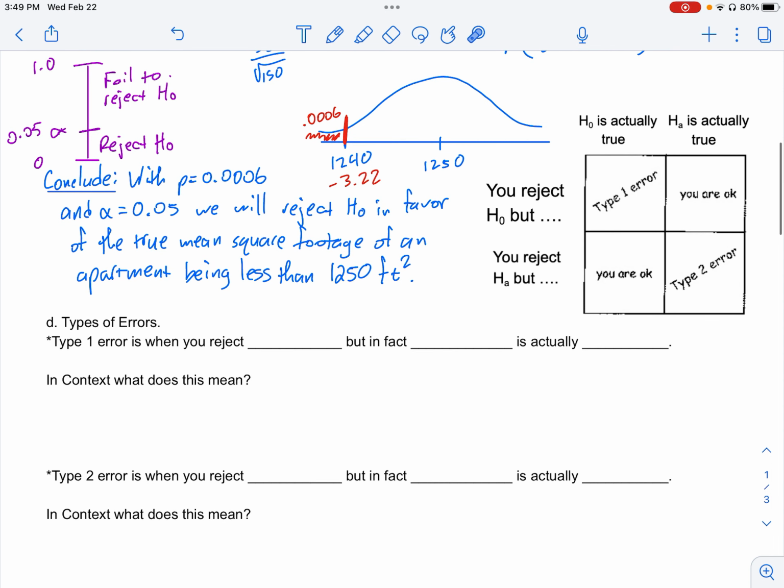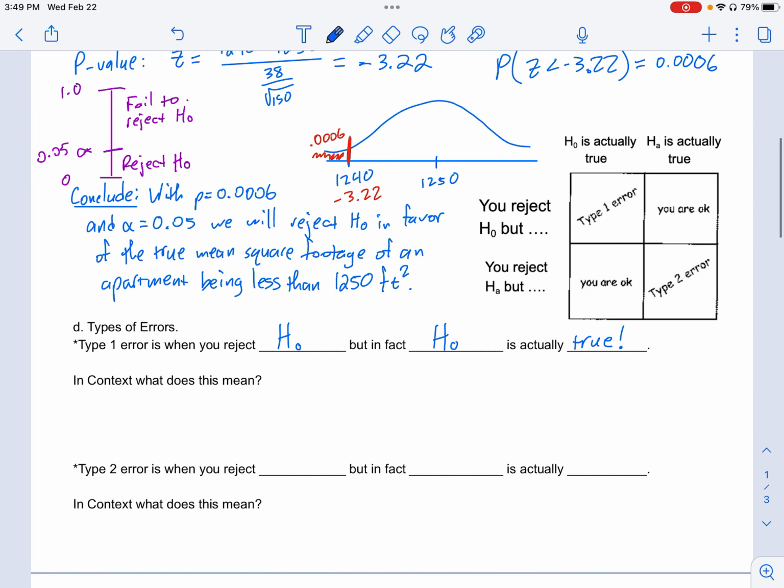There are types of errors that can occur when you are testing claims. There are two. A type 1 error, it's over here in this diagram. A type 1 error is this: you rejected the null hypothesis, but the null was actually true. So this is a problem, right? In context, what does this mean?